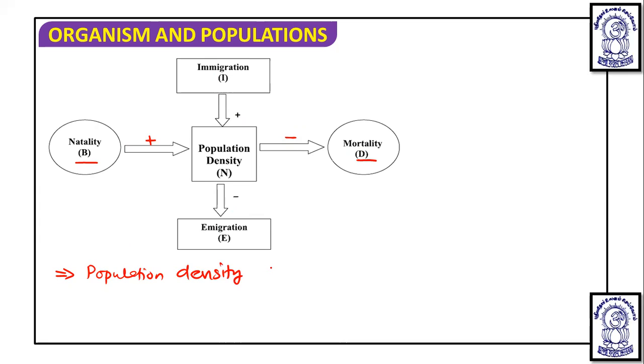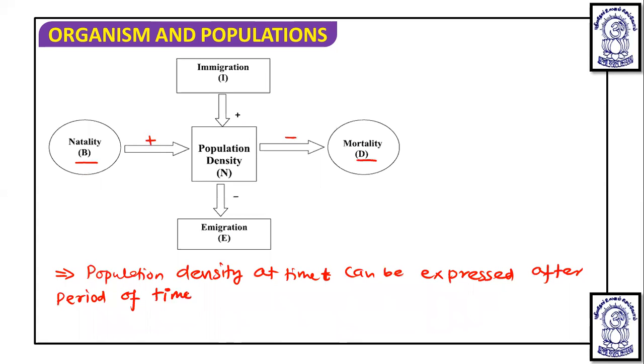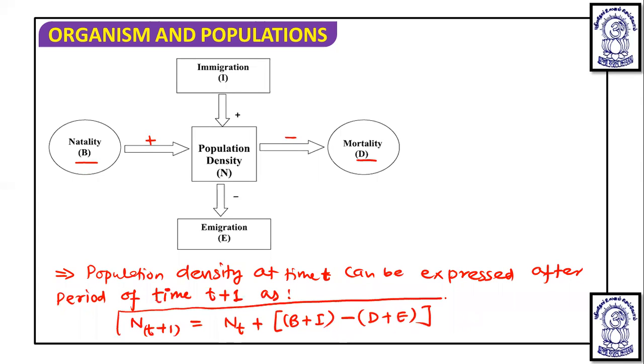So by considering all this, the population density at time t can be expressed after a period of time t plus 1, and it is as N t plus 1 is equal to N t plus B plus I minus D plus E. Okay, so this is how the population density after time t can be measured.